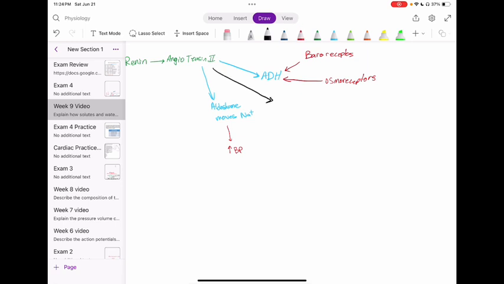Angiotensin II also vasoconstricts to increase blood pressure.